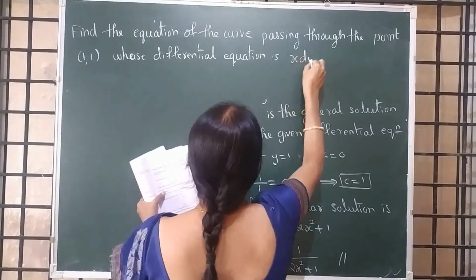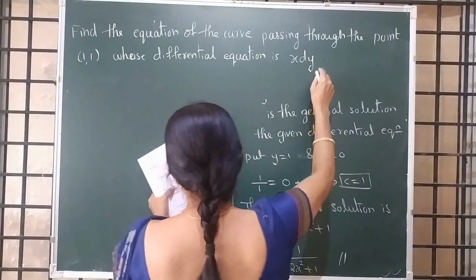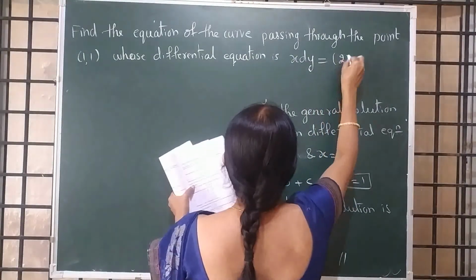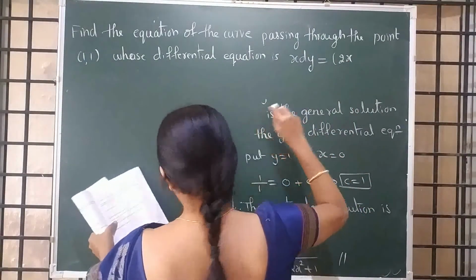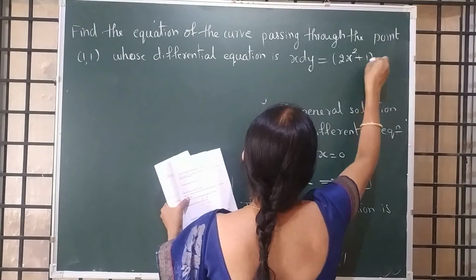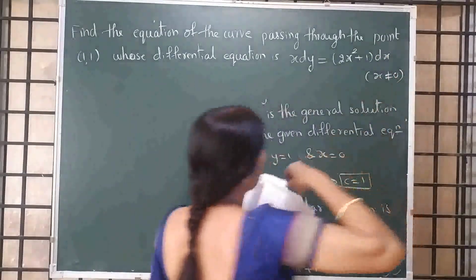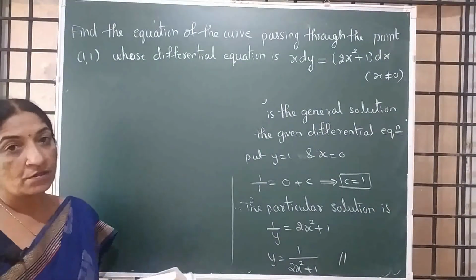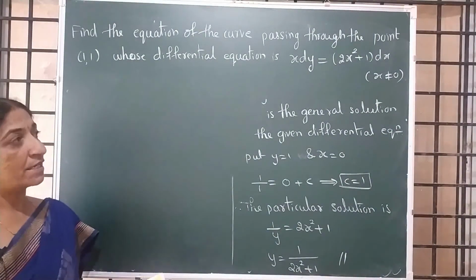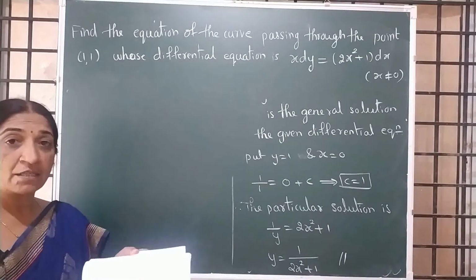x into dy is equal to 2x square plus 1 into dx, where x is not equal to 0. See, the way of asking is a little bit different, but the method is the same.